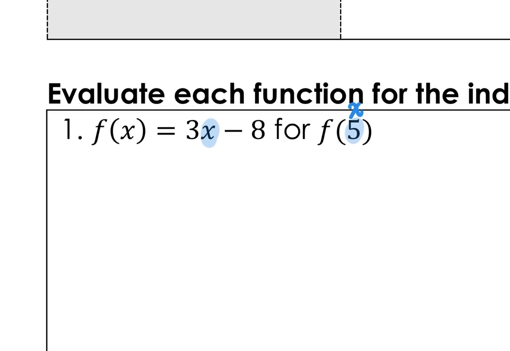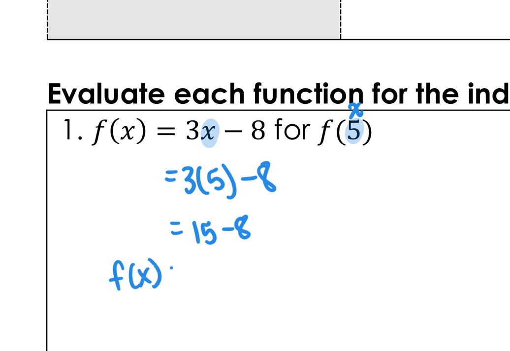So to find the y value, I am going to do 3 times 5 minus 8. And then very similar to our last linear example, we're going to do that multiplication first. So 3 times 5 is 15, and then 15 minus 8 means that f of x is equal to 7. Very good.